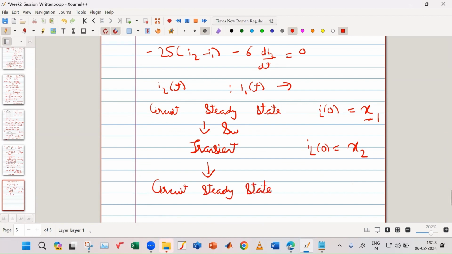So it has gone from one steady state to another because the switch was opened or closed. For the period of the transient, the inductor current goes from the value x1 to x2.